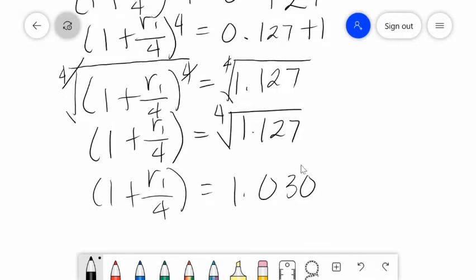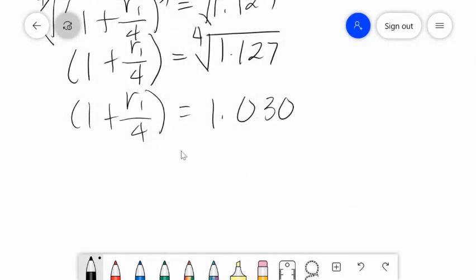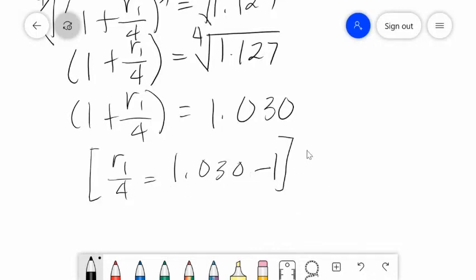So, solving for R1 now, the 1 here we will move to the other side of the equation. So, R1 over 4 is equal to 1.030 minus 1. The denominator is 4, so we will multiply both sides by 4. So, it will cancel here.